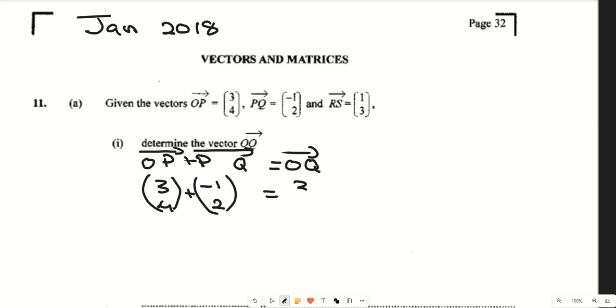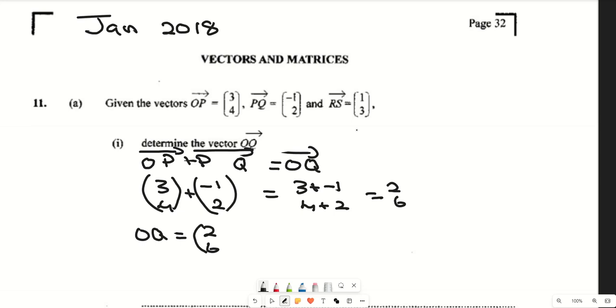So it is 3 plus -1 on the top, and then the bottom would be 4 plus 2. 3 plus -1 is 2, and 4 plus 2 is 6. So we know that OQ is equal to (2, 6), and that is the answer for the first part.